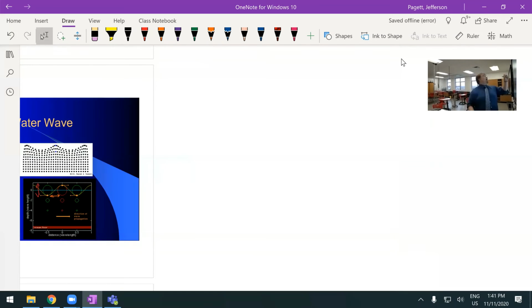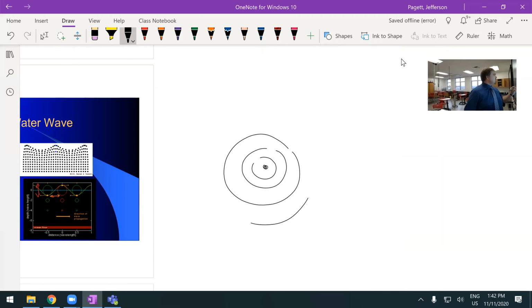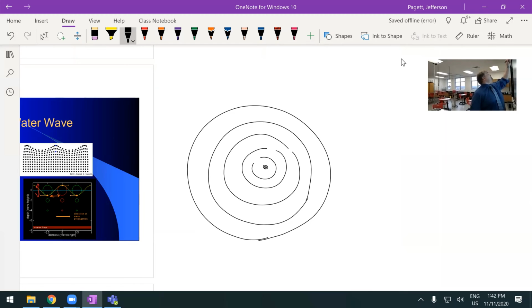Now, the other type of water wave that I want to talk about is what happens if you throw something into a pond. Most everybody's seen that before. If you drop something, you make a little splash in there, you get that little blip in the middle, but then you get ripples that go out and expand further out. And there's my velocity of my wave.